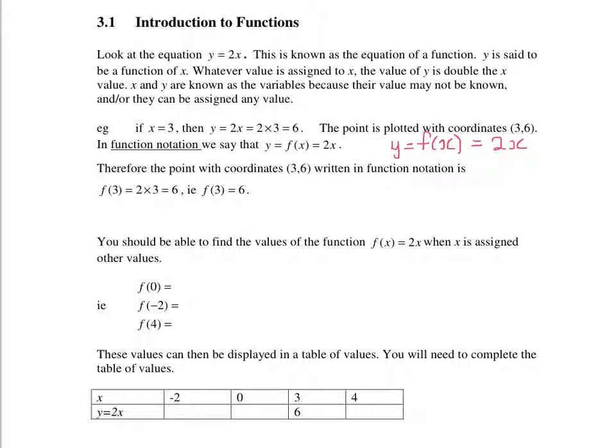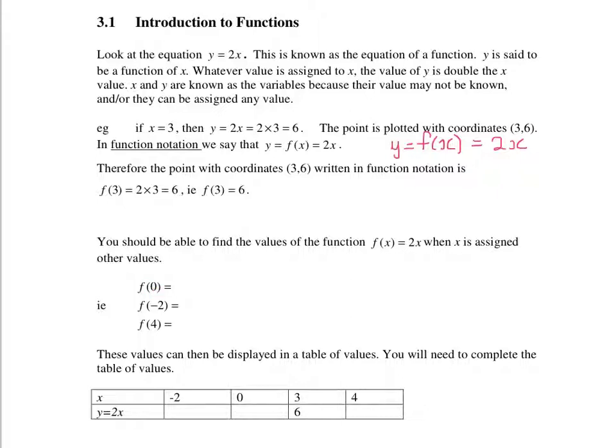In function notation, it sounds a bit roundabout, but we say that y is a function of x, so y equals f of x. We plot the value of f of x on the y-axis. So for instance, I can find the value of y when x is equal to 0.